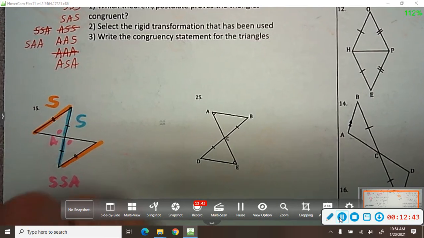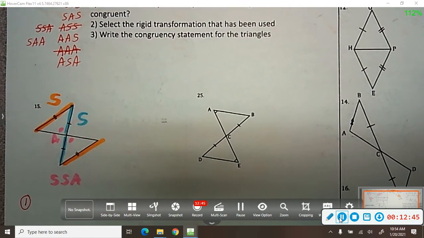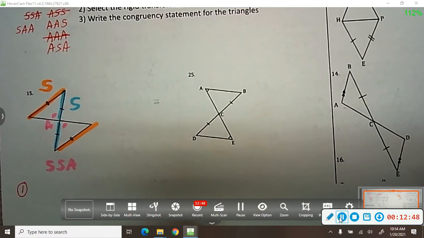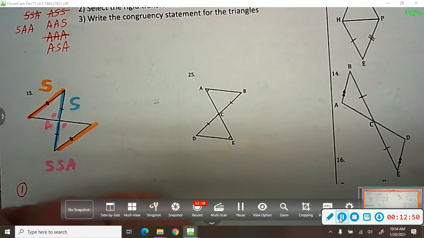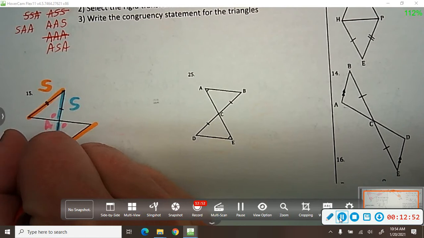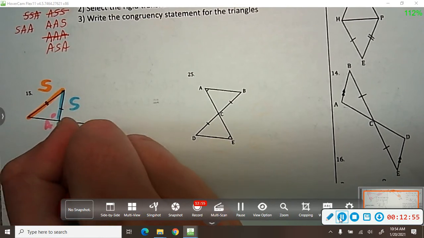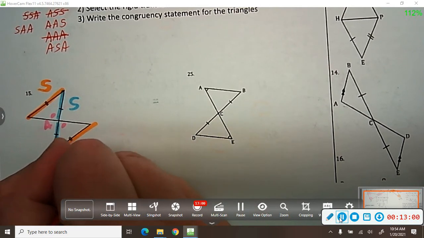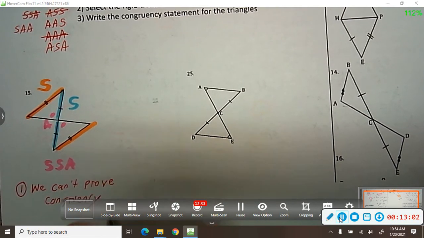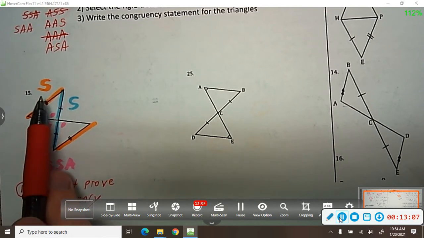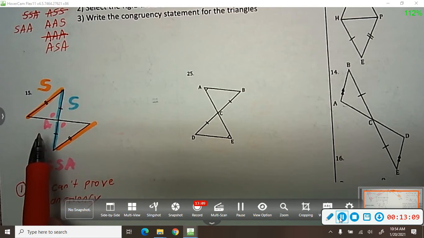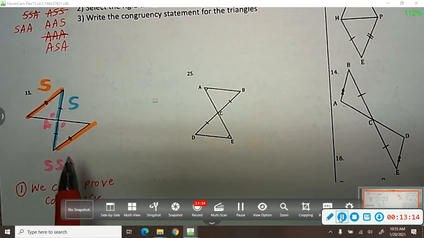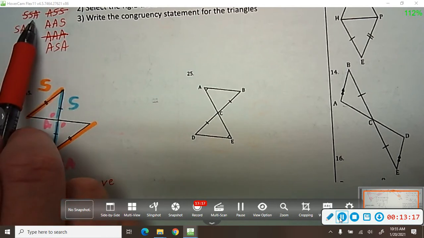So I would say for number one, we don't know if they are congruent. We can't prove that. And the reason why we can't prove congruency is because the SSA one, which is easy to remember if you spell that backwards, it's called the donkey theorem. It doesn't work. It does not show congruency. That's why I crossed it off.